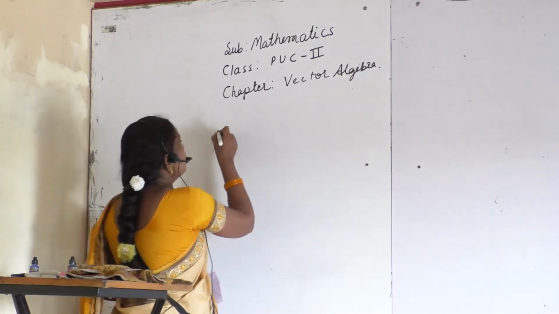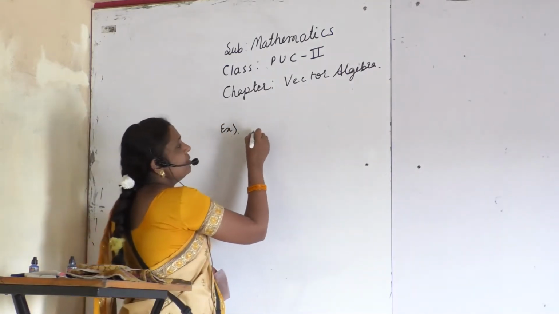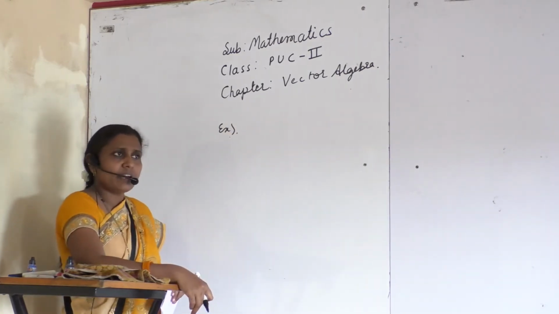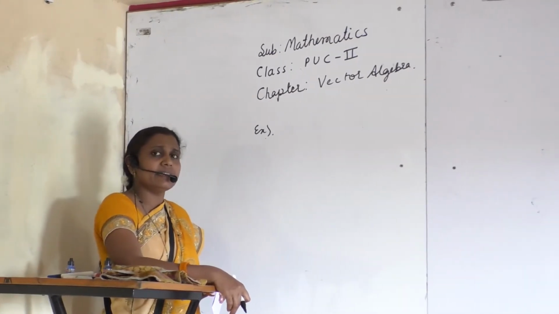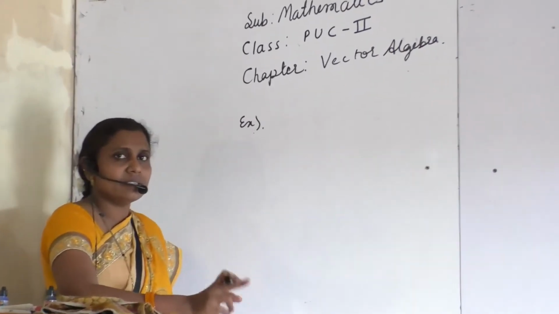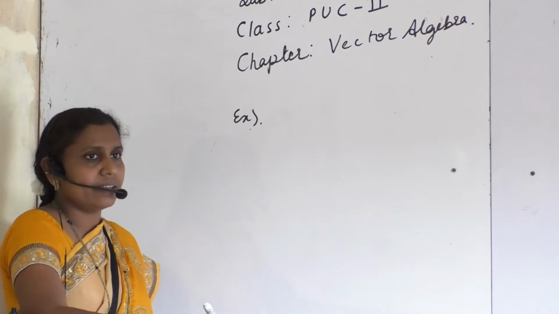So the question is, you will be given 3 points, and you are asked to find whether these 3 are the vertices of a right angle triangle. We already have taken one question in the same concept, proving it's a right angle triangle.